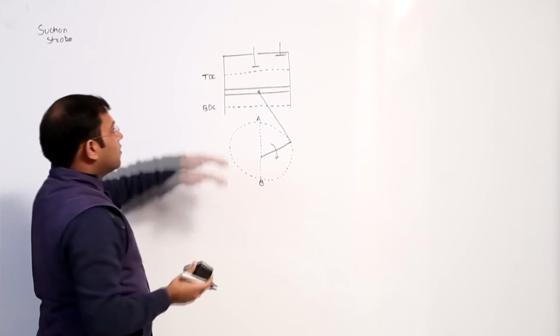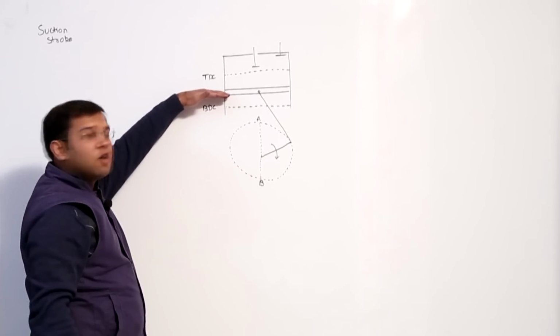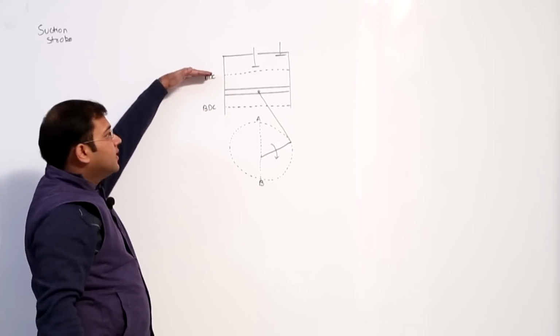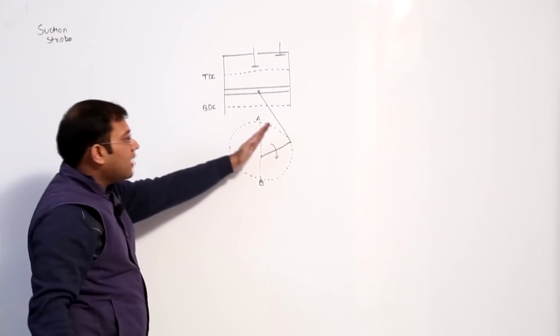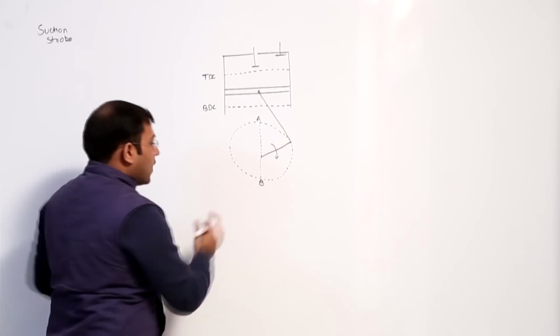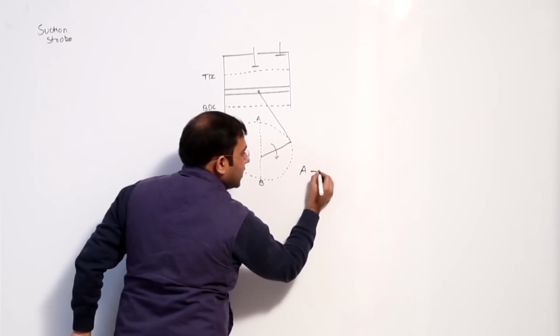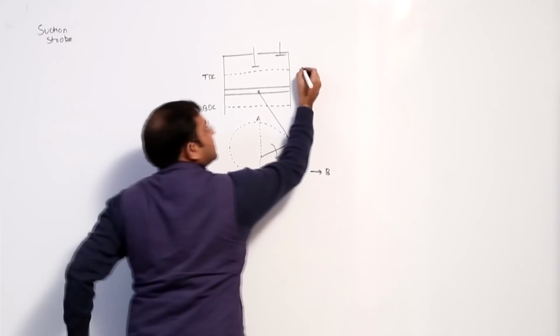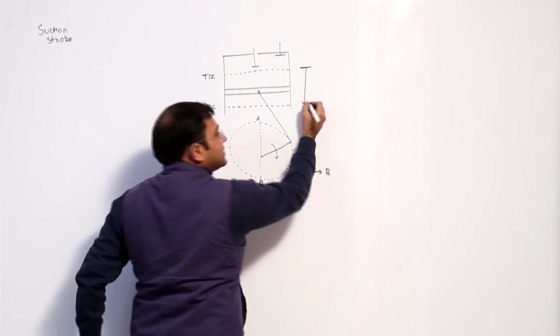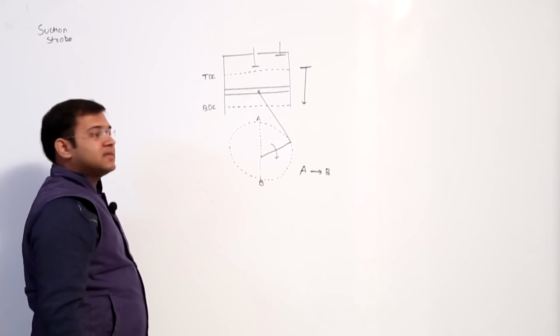Initially the position of the piston is at top dead center. And when this crank is rotating from A to B, the piston is moving from top dead center to bottom dead center.